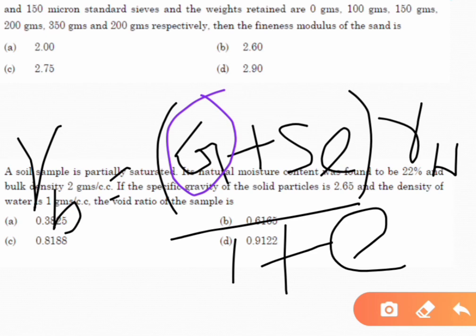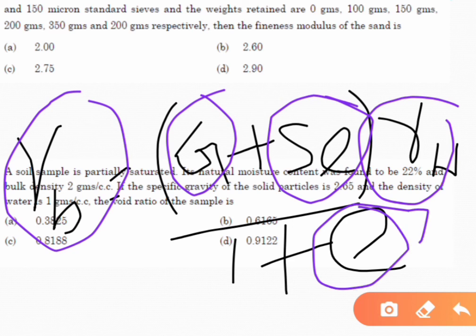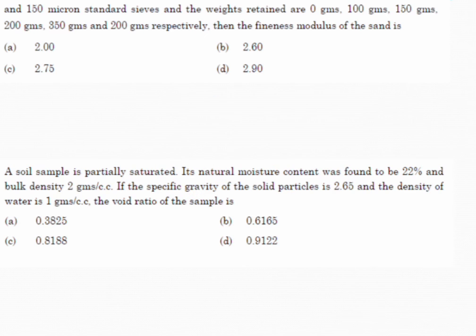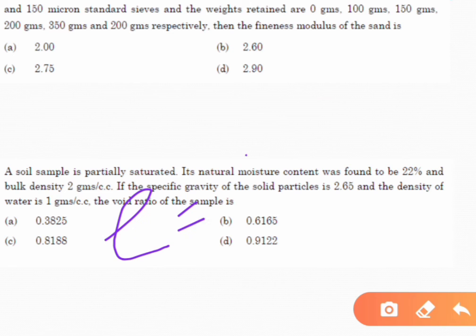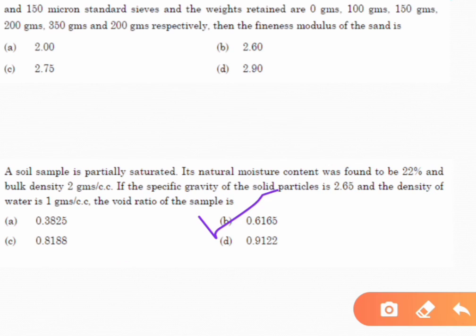So Se can be calculated from the equation wG equals Se. Now the value of gamma w is 1 gram per cc, and gamma bulk is given. Now easily we can calculate the value of e, that is void ratio. By calculating, the value of void ratio will be 0.6165. Option B will be the right answer.